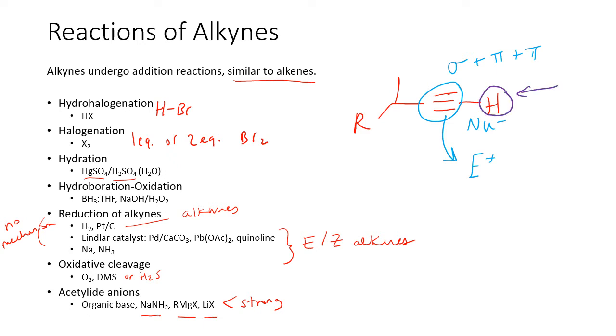So in this example, because we have a hydrogen bonded to the triple bond directly, this is called a terminal alkyne. This is just a quick overview of what we're going to go through together on the next couple of slides.